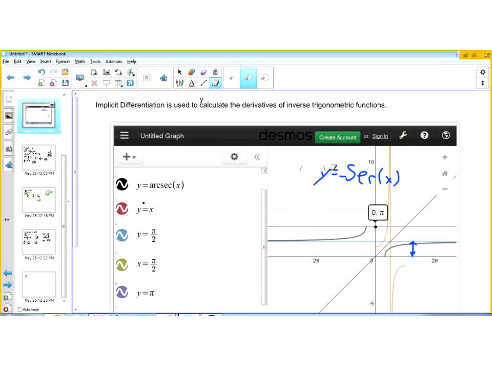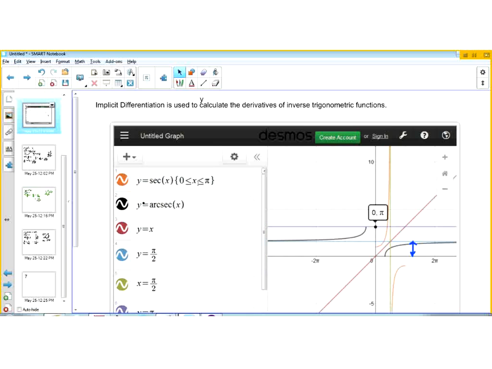What I need to do is identify the principal part of the secant function. That's the strategy. I don't want to belabor this too much, but what we need to do is define the secant function between 0 and pi halves. So let's erase this. What I had was not the principal part.